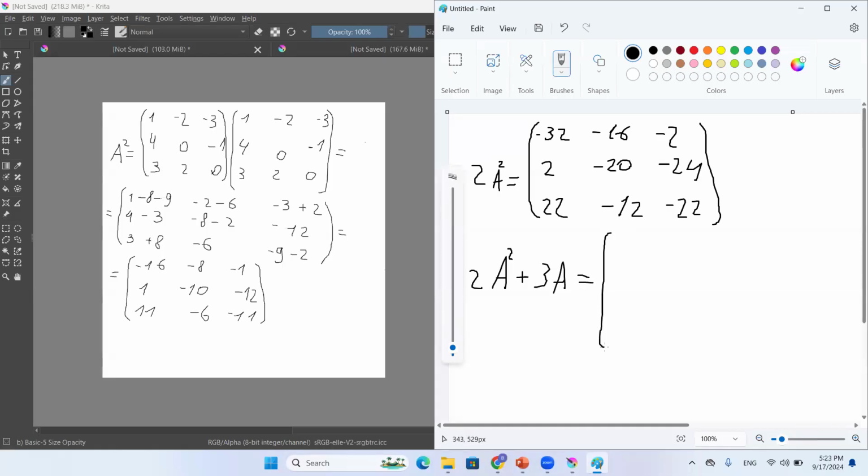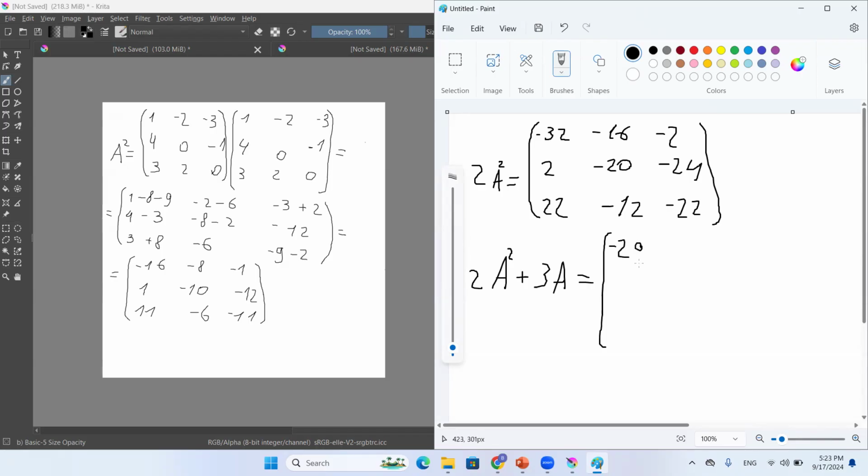Okay, let's calculate together. So what do we have here? Remember that this is matrix A. Who wants to be a volunteer? Daria? Minus 32 plus 3, it will be minus 29.